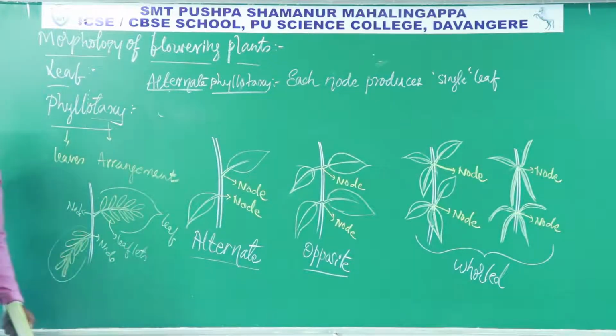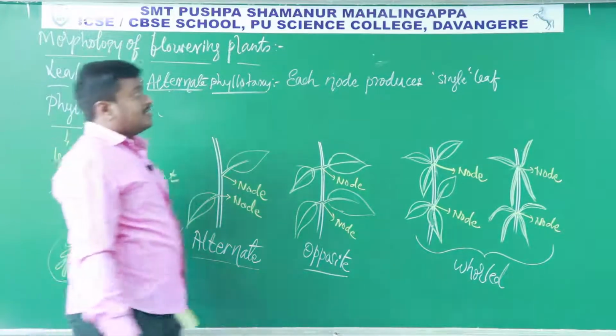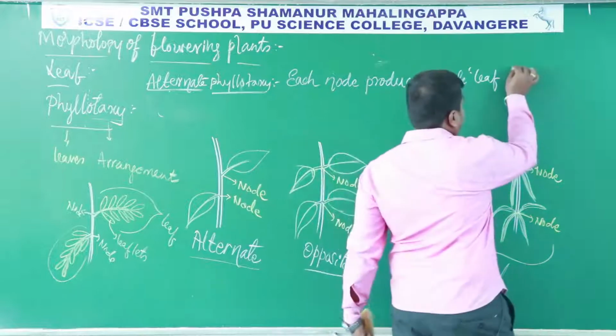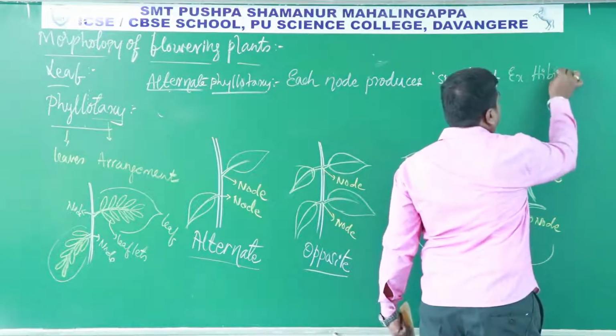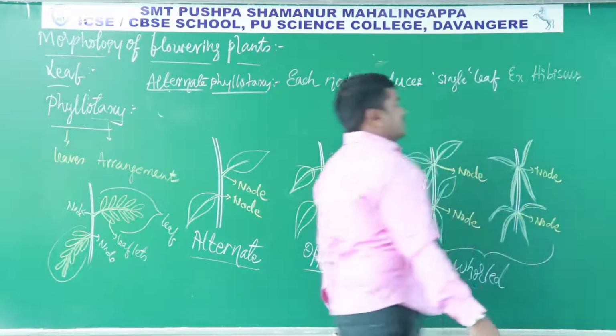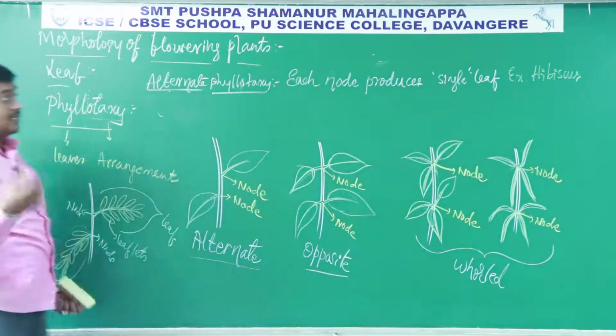In alternate phyllotaxy, each node produces a single leaf. For example, hibiscus.